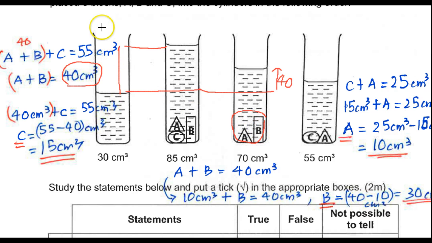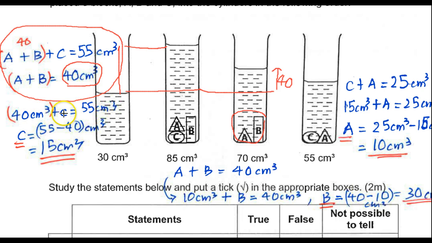Now look over here very carefully, this part. We found out that A and B is 40, right? If you look on top here, it says A and B is 40. Can you see that? Now this comes up with a new equation: A and B is 40, plus C. 40 plus C gives you 55.